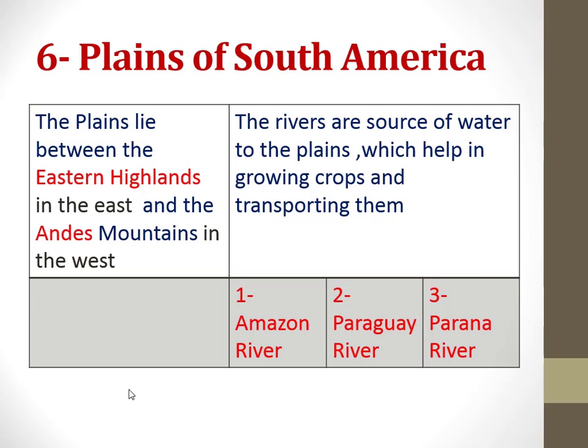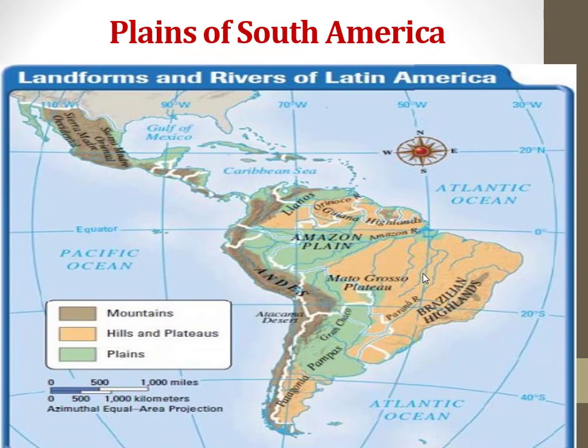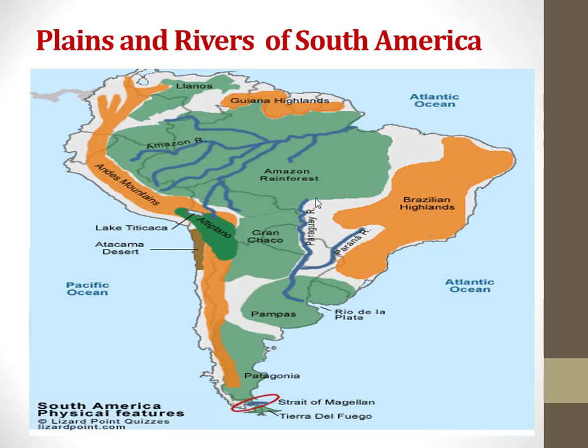So the plains are in the middle between Eastern Highlands here and the Andes, they depend on rivers like Amazon River, like Paraguay River and Paraná River. Here are the plains here in the middle, right? Let's go next to see the rivers.